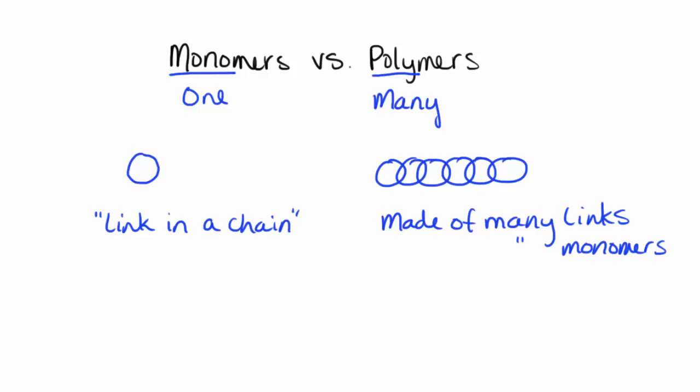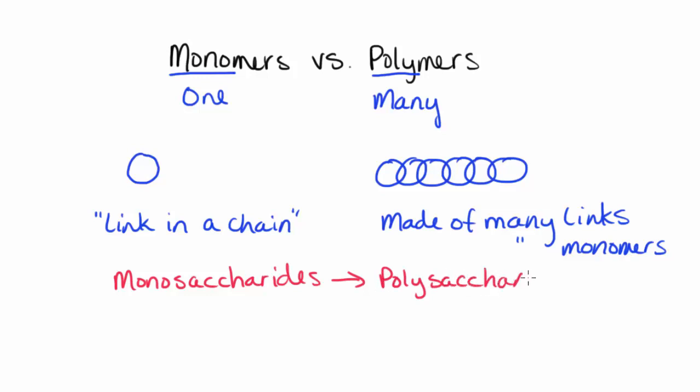So just to give you a few examples, we will talk about monosaccharides. If you just look, it has the mono part in it. They're going to be monomers, and they can be used to make polysaccharides. So if we put a whole bunch of them together, we'll get polysaccharides.